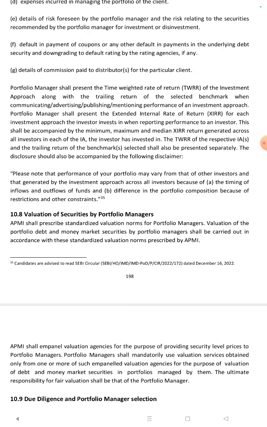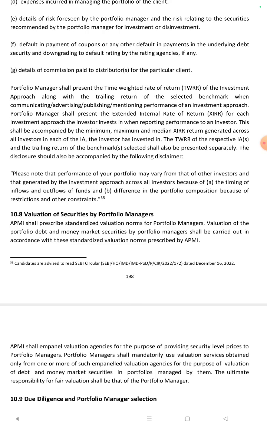Portfolio managers shall present the time-weighted rate of return of the investment approach along with the trailing return of the selected benchmark when communicating, advertising, publishing, or mentioning performance of an investment approach. Portfolio managers shall present the extended internal rate of return for each investment approach the investor invests in when reporting performance to an investor.